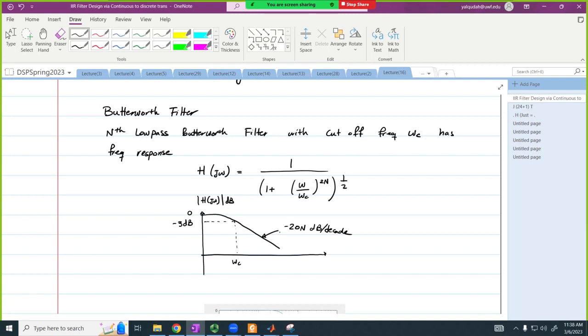So the higher the order, the steeper that decay is going to be. All of these filters are going to have negative 3 dB at omega cutoff, irrespective of the filter order. The difference between them is that the higher the order, the steeper that decay is going to be. This is higher n.